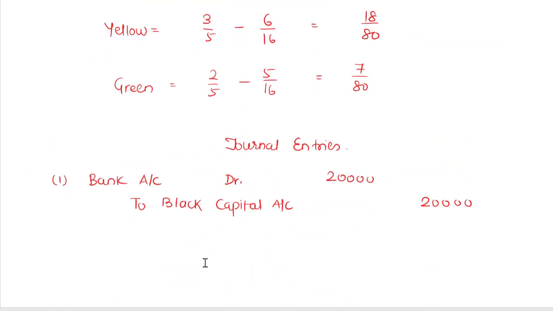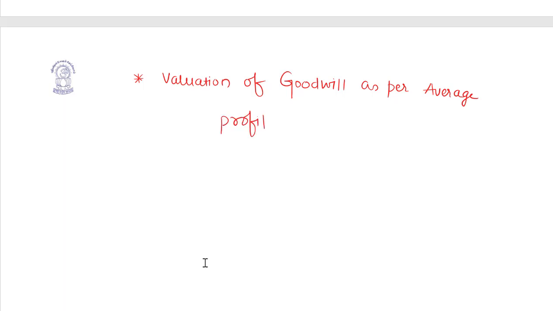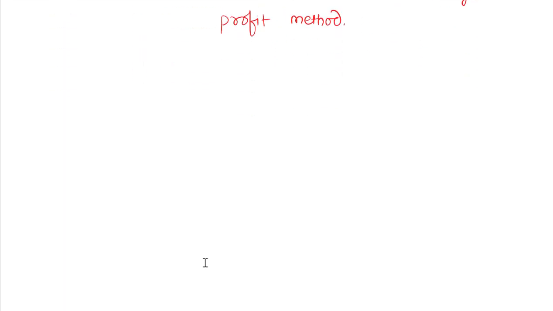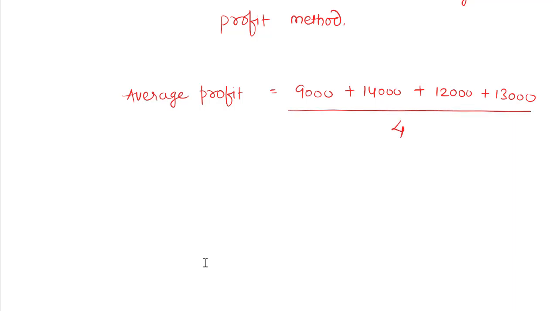We need to value the firm's goodwill. Valuation of goodwill as per average profit method. Average profit equals 9,000 plus 14,000 plus 12,000 plus 13,000, divided by 4.